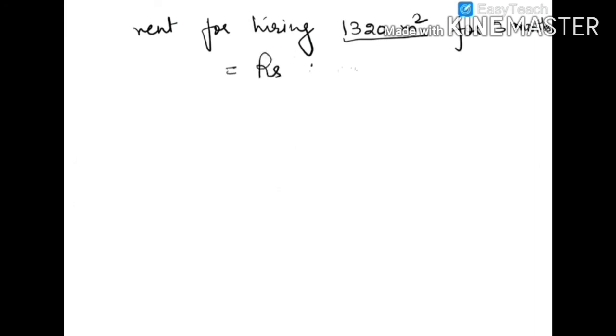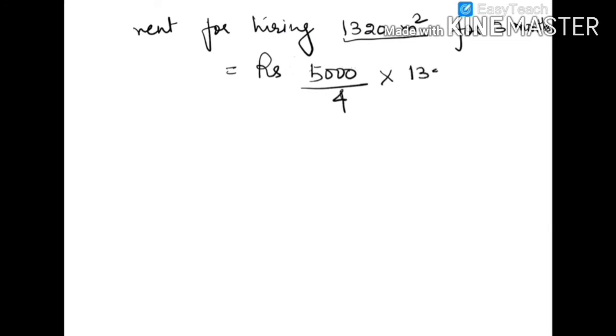Therefore, rent for hiring 1320 meter square, because the company hires one wall, so it covers this much area, for 3 months is equal to rupees 5,000 divided by 4 into the area of wall in meter square.